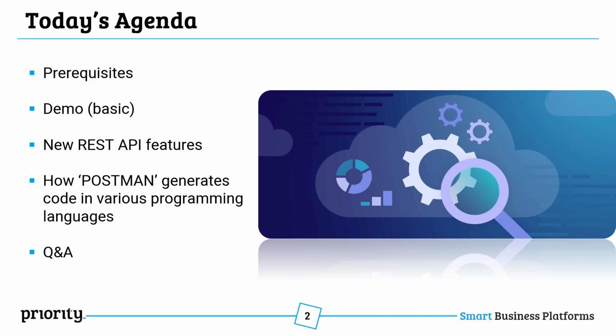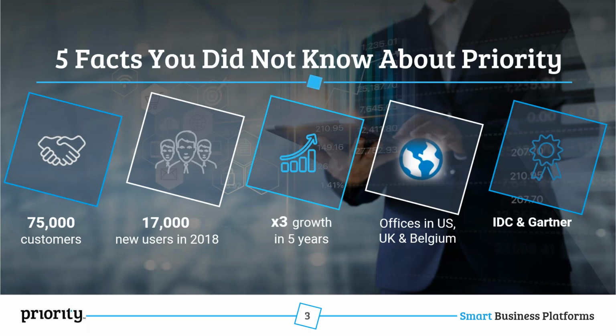Before we begin, I would like to tell you a few words about Priority. Priority Software has 75,000 customers around the world, 9,000 of which use Priority. During 2020, 70,000 new users joined the Priority community, and in the last 5 years, the company showed 3 times growth.